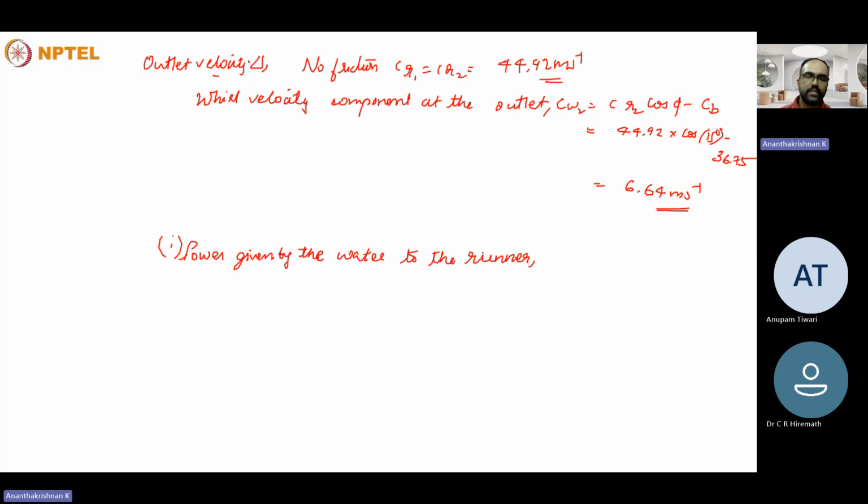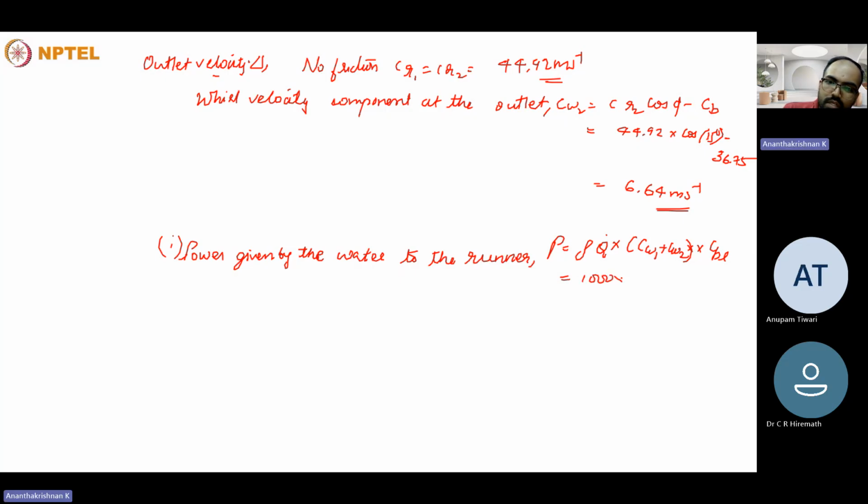So CW1 plus CW2, into mass flow rate of water, multiplied by the blade velocity, will give the power given by the water to the runner. So this is equal to rho into flow rate into CW1 plus CW2 into blade velocity.